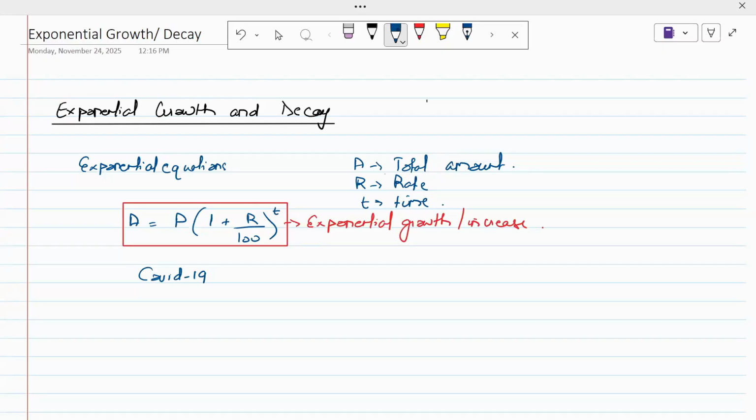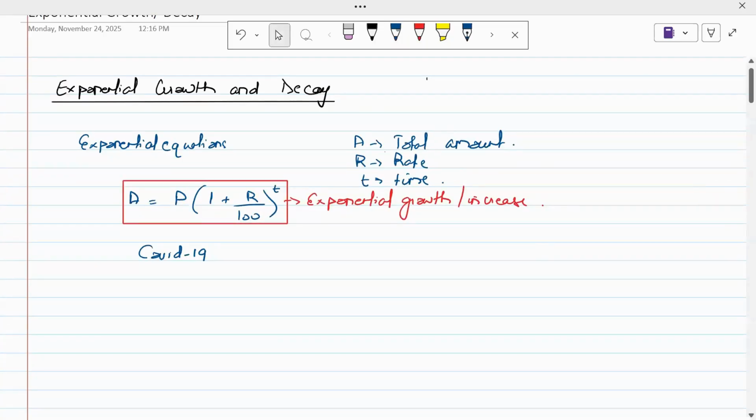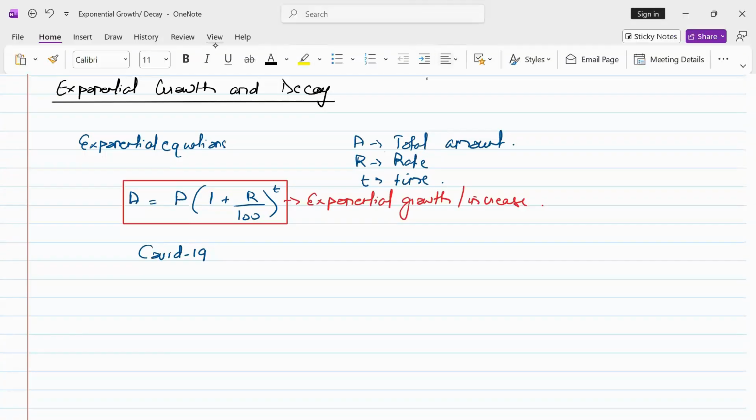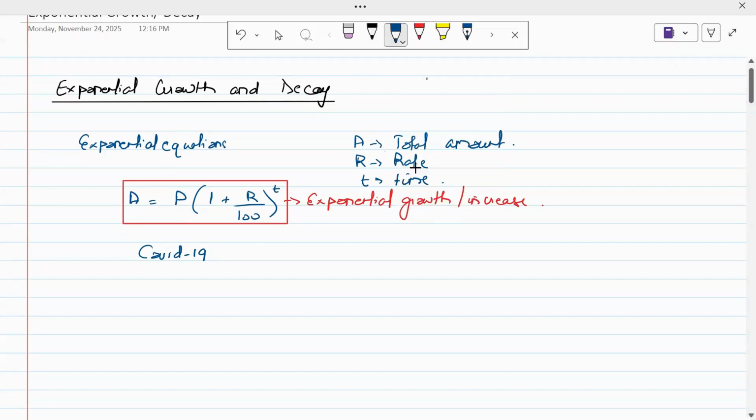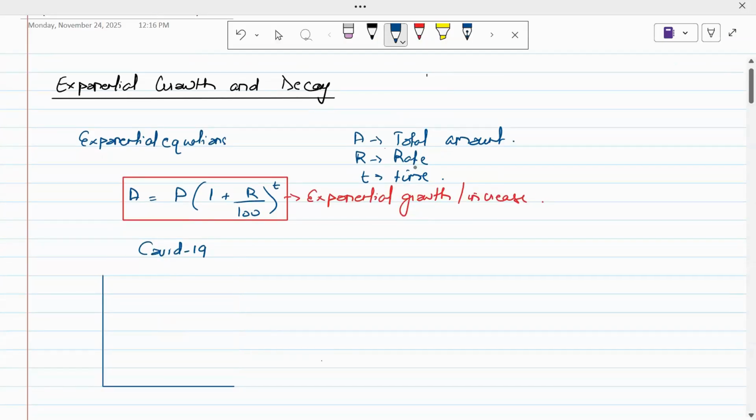If one of the members in the family gets infected, that virus would eventually transfer to the other members of the family also. That is the reason why the virus was increasing exponentially. So the initial period of the virus was the example of exponential growth. Why exponential growth? Something was increasing at a very high rate. When I say exponential growth, it means something which rises at a very high pace, at a very high rate.